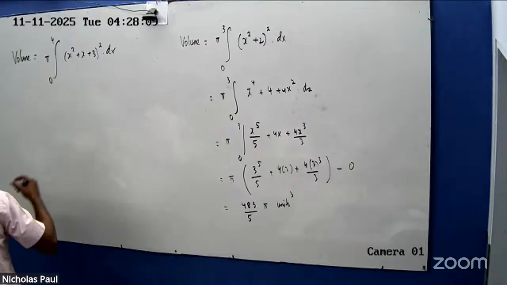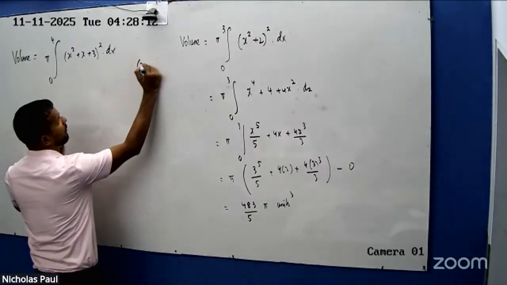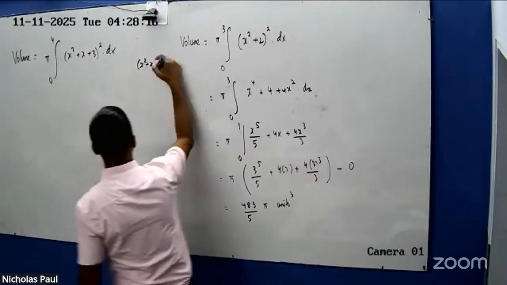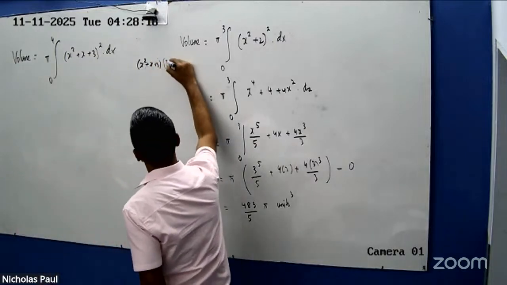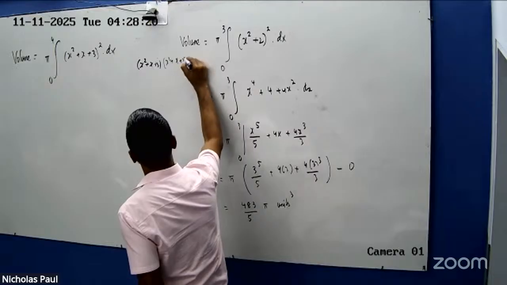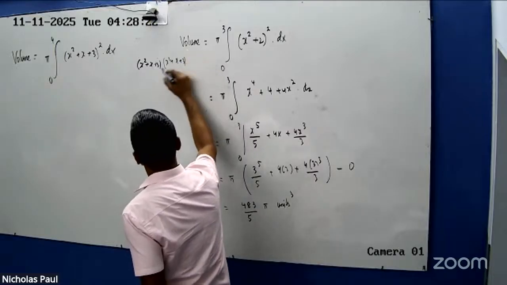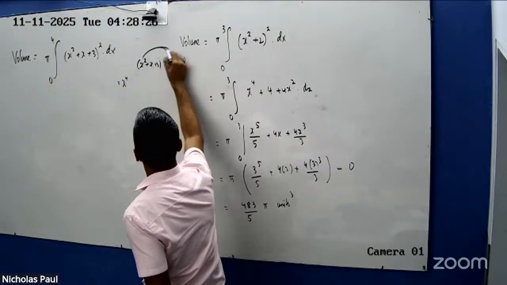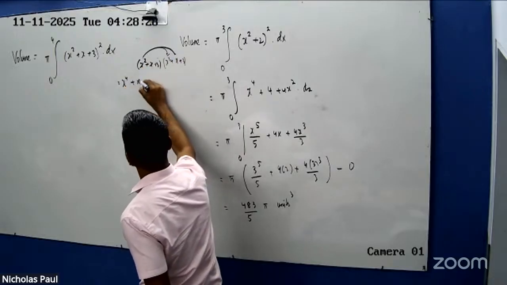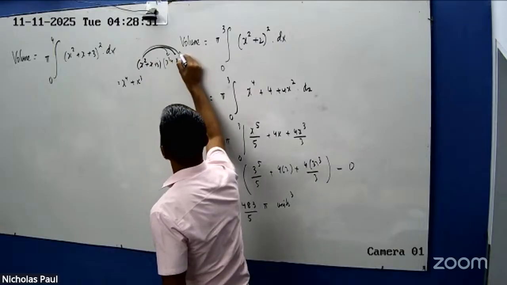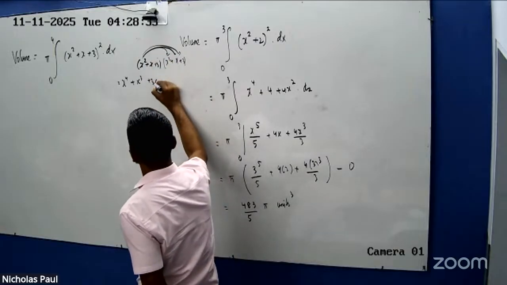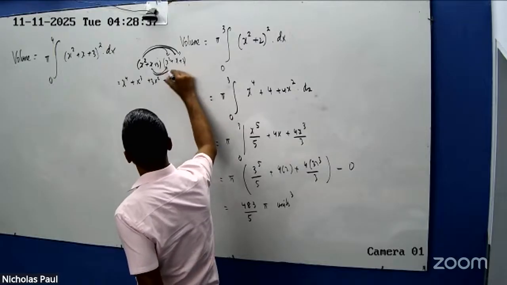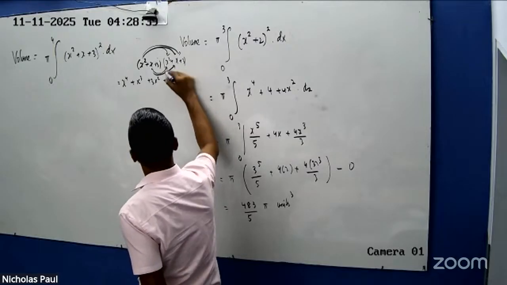Right, so we're just checking to make sure you multiply this out properly. x squared plus x plus 3 by x squared plus x plus 3. Right, x squared by x squared, x to the 4th. x squared by x, x cubed. x squared by 3, that's 3x squared. x by x squared, x by x, x by 3.